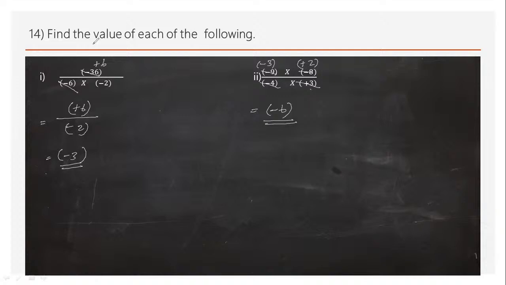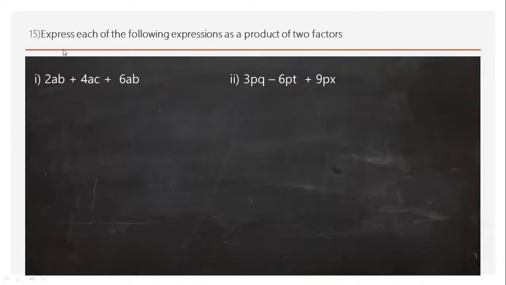15th. Express each of the following expressions as a product of two factors. 2 into a into b plus 2 into 2 into a into c plus 2 into 3 into a into b. Without doing it straightly, we can do it: 2a is common for each of these, right?